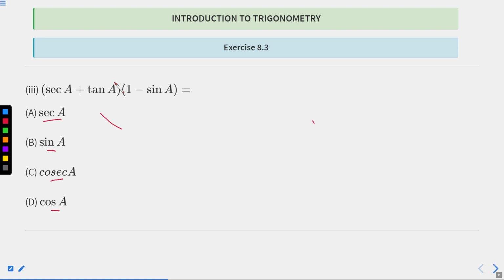So the correct answer is option number D.